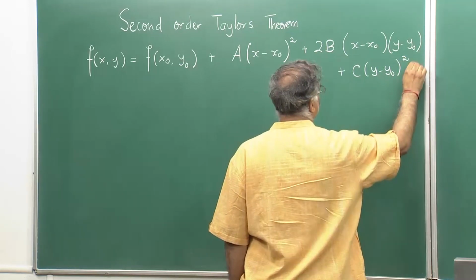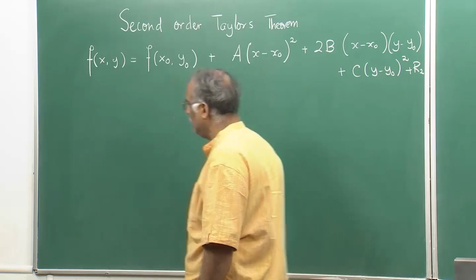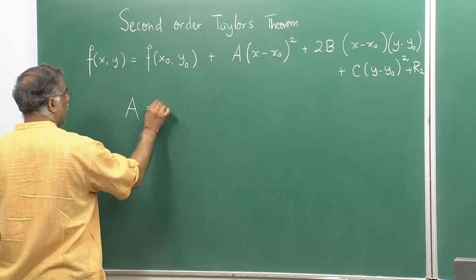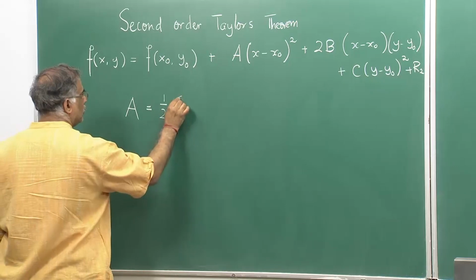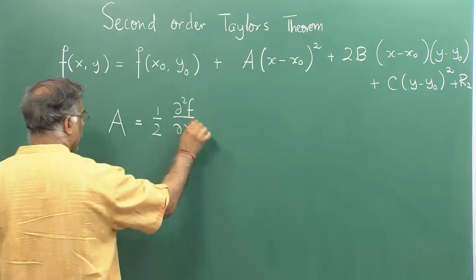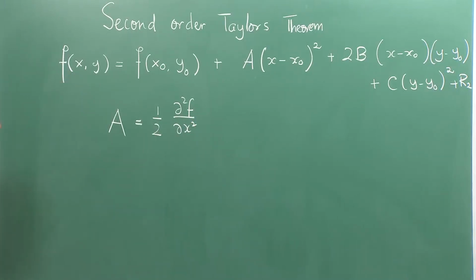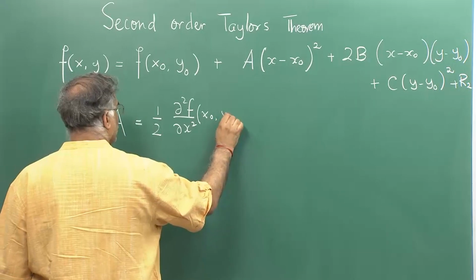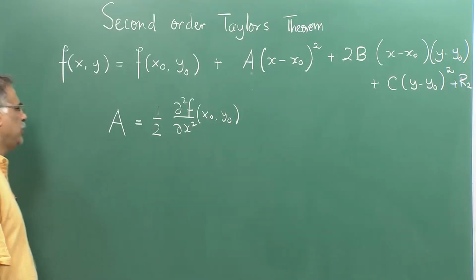Plus R2. So, where A is half of the second derivative of f, del 2f del x2 evaluated at the point x naught y naught. For brevity of writing we wrote that.